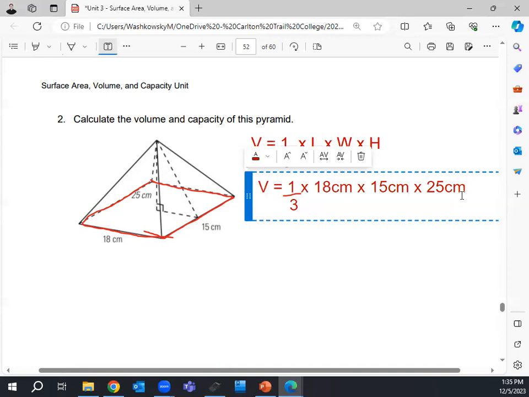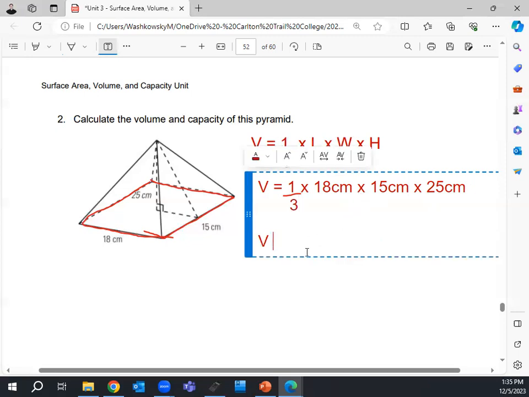The actual length of the triangle in the pyramid is not the height you need for the volume. So it's just a third times 18 times 15 times 25. All I had to do was identify that it's a pyramid with a rectangle on the base, use this formula, plug the numbers in and punch it in your calculator.